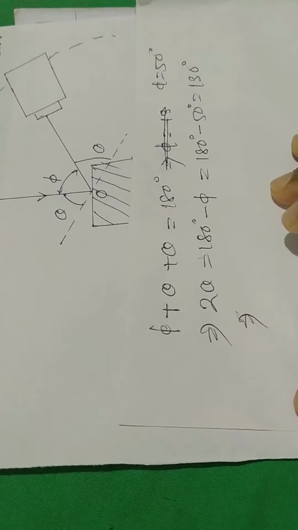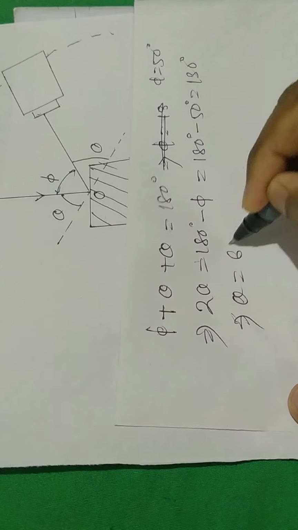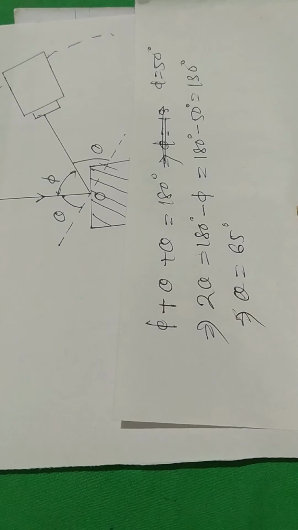So theta equals 65 degrees. This is called the glancing angle.